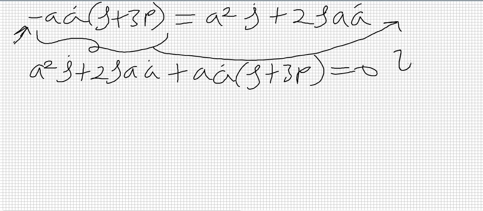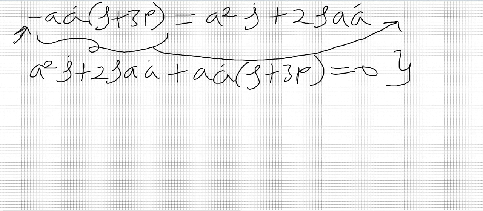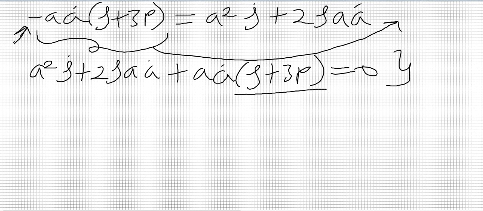Now when you compare this equation with the final energy continuity equation we are targeting, you can see a little bit of similarities already there. There is a term in brackets here, there is a rho dot term here, and there is a rho dot term here.